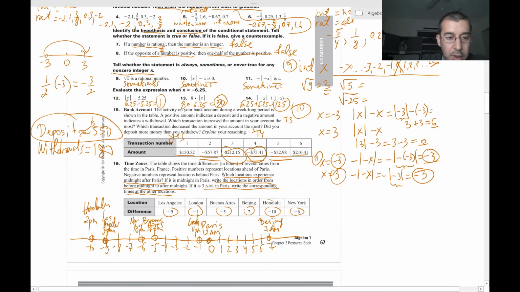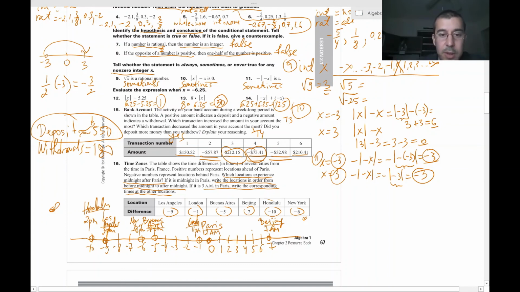Honolulu, Los Angeles, New York, Buenos Aires, and London. That's the answer to the first question. Second question, write the locations in order from before midnight to after midnight. So it would be Honolulu, Los Angeles, New York, Buenos Aires, London, Paris, Beijing. That's the answer to the second question.